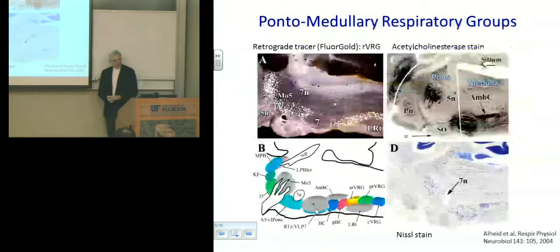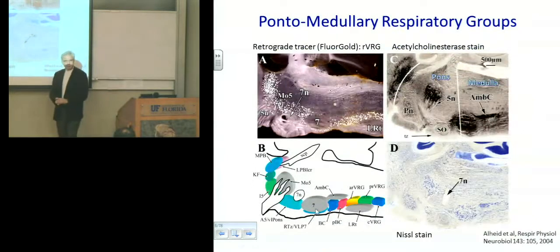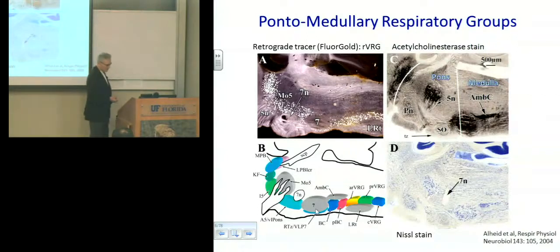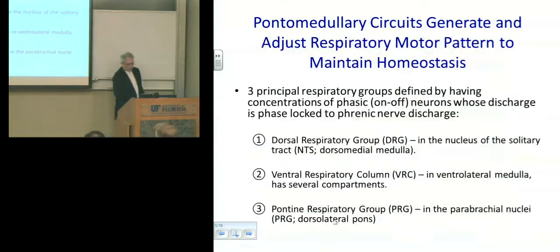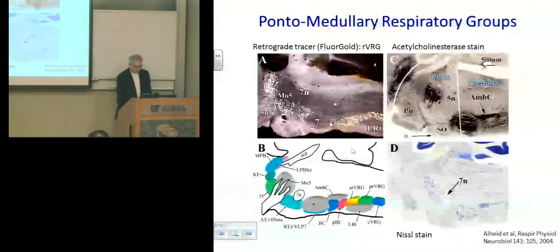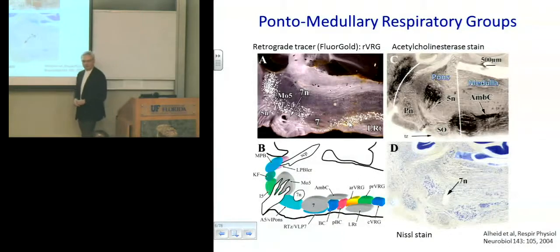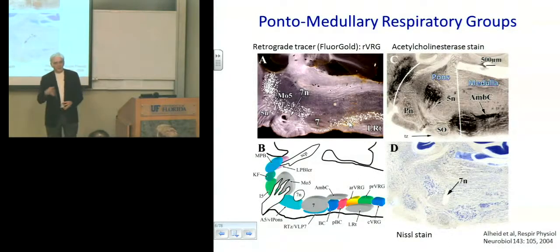So looking at the neuroanatomy first off, of the lateral respiratory groups, this would be including the ventral respiratory column and the pontine respiratory group. And so how do we do this? What is done here is a retrograde tracer, fluorogold to be precise, is injected into the rostral ventral respiratory group, a component of the ventral respiratory column, and you look to see where neurons are located in the brainstem to project there.